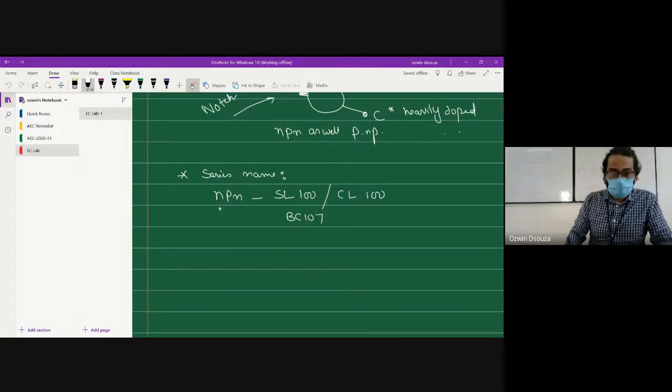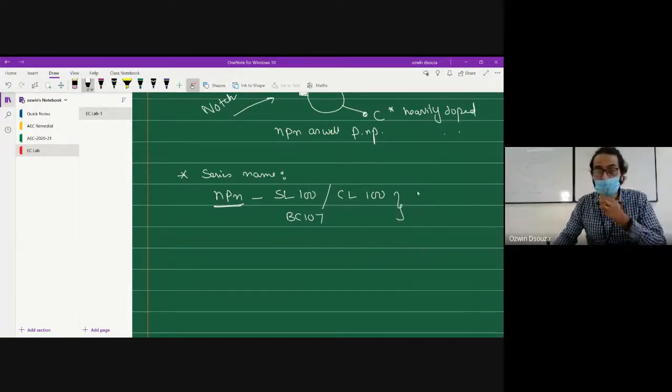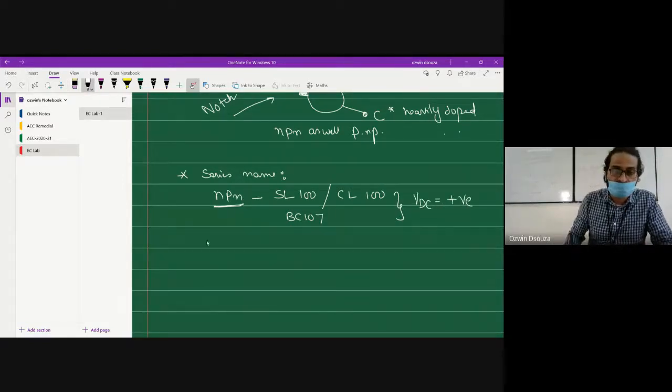You must note that those transistors belong to the NPN type. Now, what do you mean by NPN transistor? NPN transistors are those which work on a positive DC voltage level. So your VDC should be positive for NPN transistors.